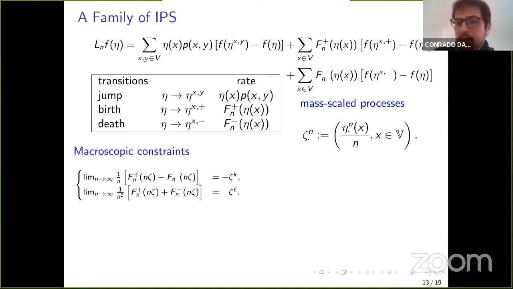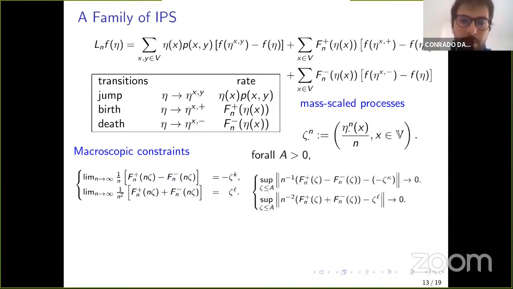And then we have the macroscopic constraints, which reflect the net change in mass and the typical fluctuation we observe in these processes. These are just given to us at the outset, because we were interested in those particular stochastic differential equations. If you remember, inspired by the SDEs, we build our interacting particle systems.